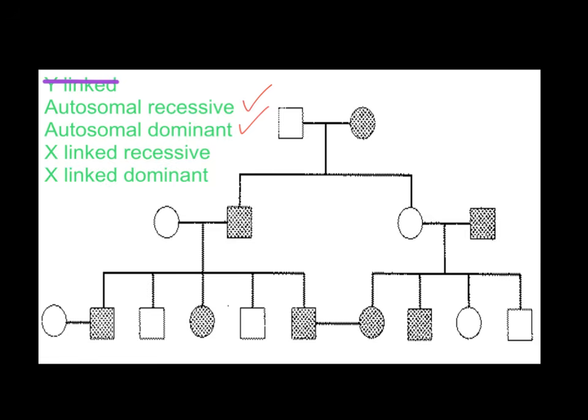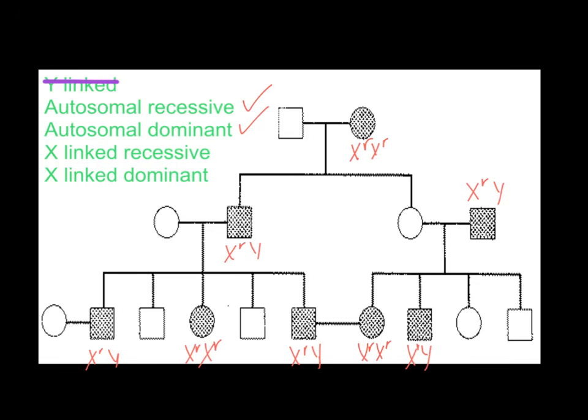Now our next possible mode of inheritance is X-linked recessive. Now, if something is X-linked recessive, that means that the individuals who are displaying the trait have XR for all of their X's. Now that means that the men who are affected would have to have XRY, and the women who are affected would have to be XRXR.